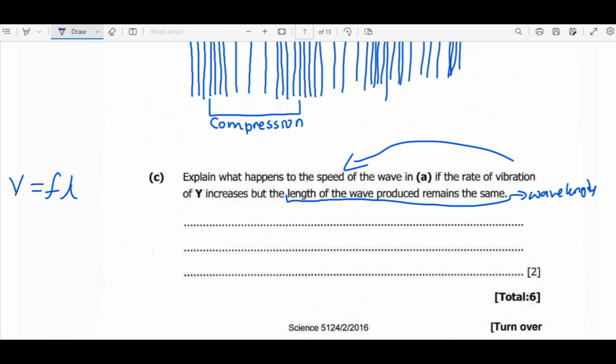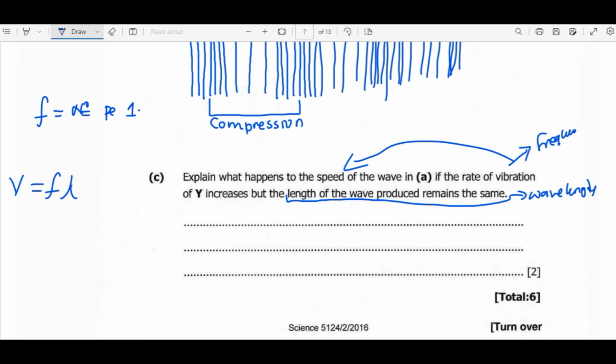Now let's look at the frequency. Frequency is defined as the number of oscillations or waves made in 1 second. So whenever we increase the vibration, we are indirectly increasing what? Frequency. We are making a lot of vibrations at once, meaning we are making a lot of waves in 1 second.